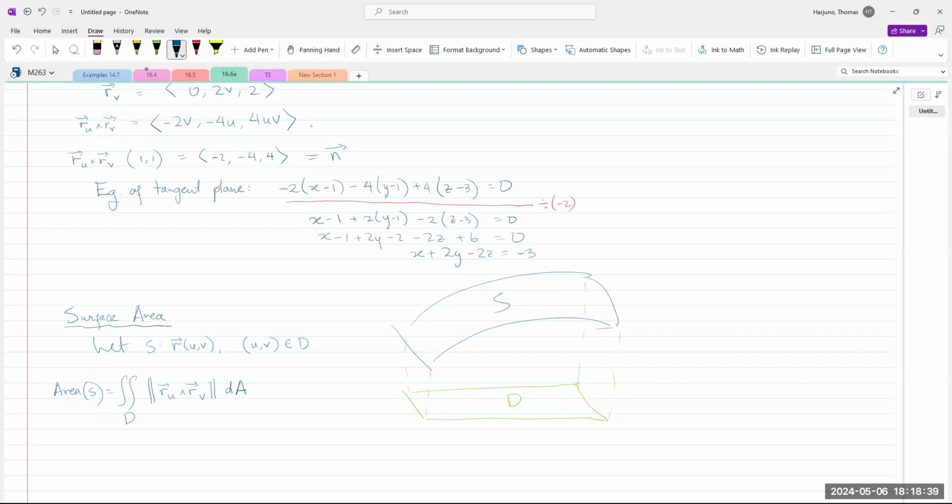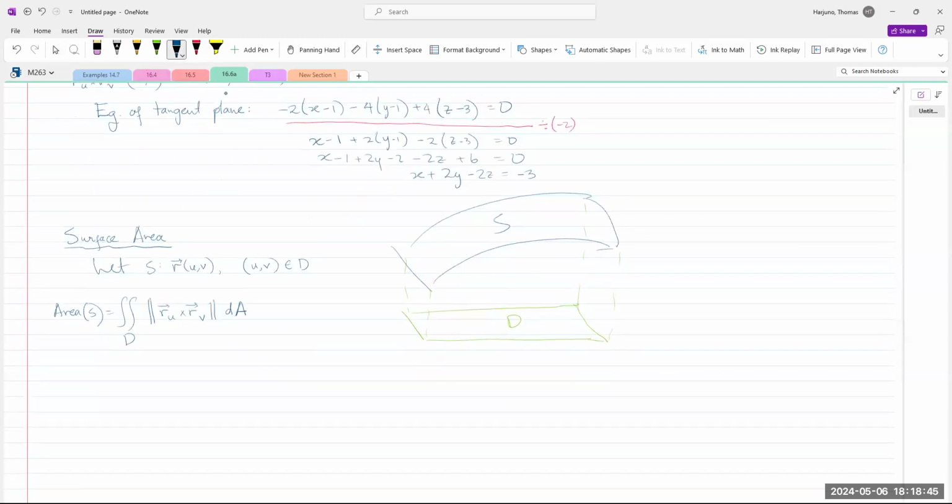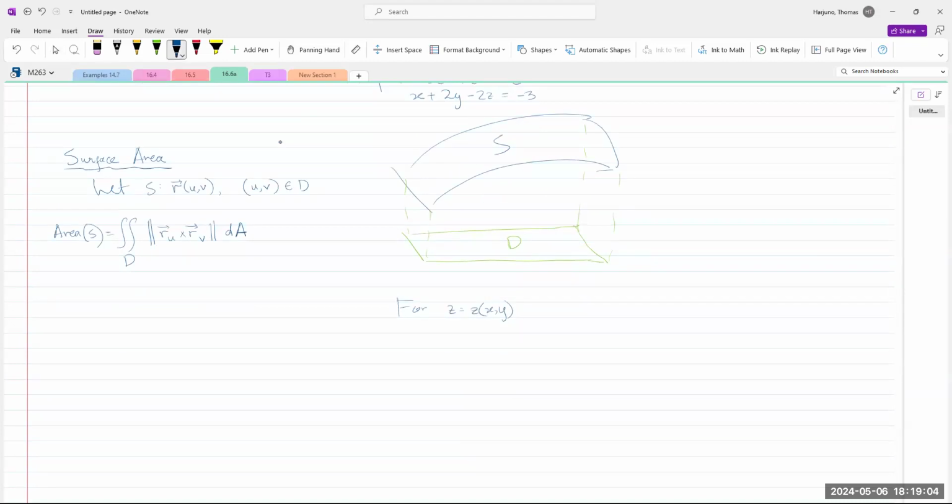We actually had the special case in chapter 14 for this, just to remind us. In the past, for z as a function of x and y, we get the normal vector (1, 0, z sub x) cross (0, 1, z sub y).